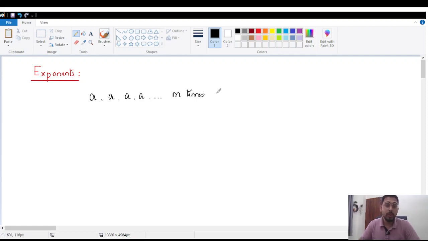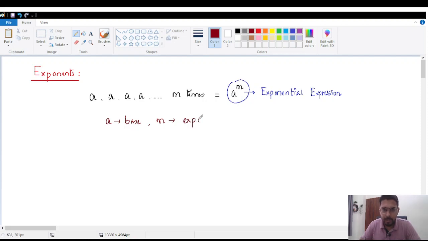We can write this in the form of an exponential expression as a raised to the power of m. This kind of expression is known as an exponential expression. In this expression, you can see there are two terms, one is a, one is m. The a here is called the base, and the m here is called the exponent.